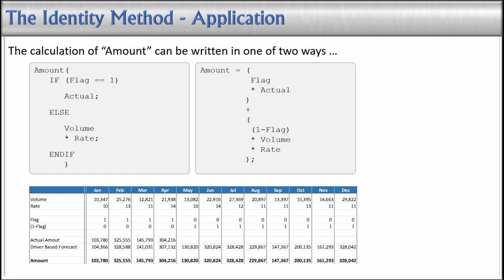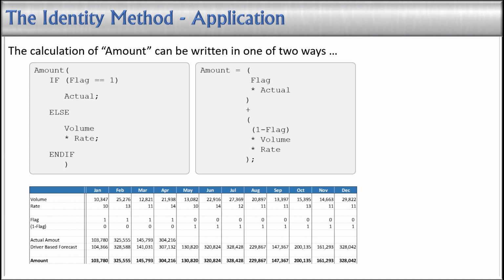So I can simply say that my amount equals my flag times actual, plus 1 minus flag times the forecast equation. When the flag equals 1, it will return actual. The bottom term, 1 minus flag, 1 minus 1 is 0, so when the flag is 1, I'll get the top term. It'll return actual and not do the forecast calculation.